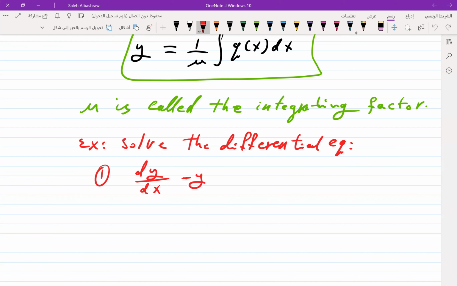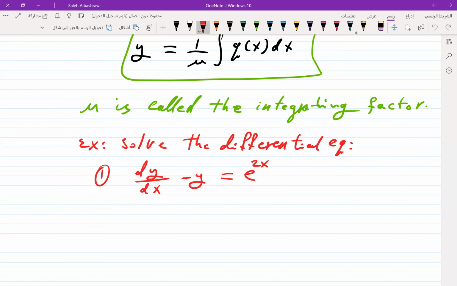Now I have to solve this differential equation. This equation cannot be solved using separation of variables because I cannot separate the variables, keeping y on one side and x on the other side. It has the general form of a linear differential equation: derivative plus or minus b(x) times y equals q(x). So the best way is to use the integrating factor.